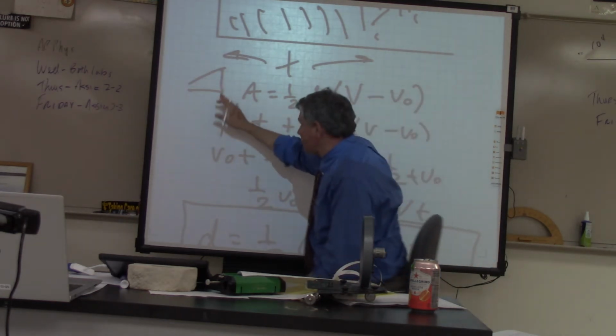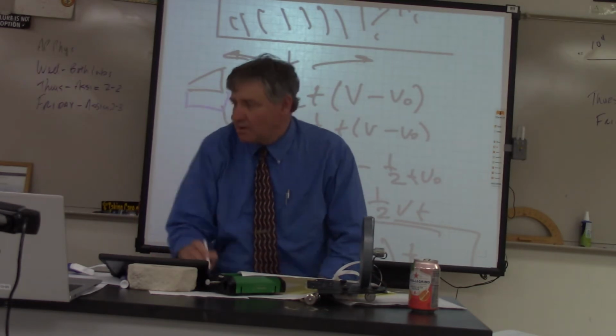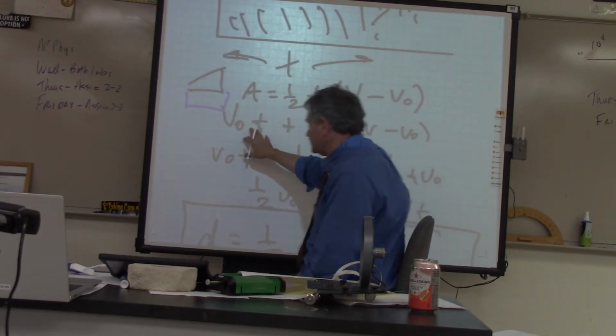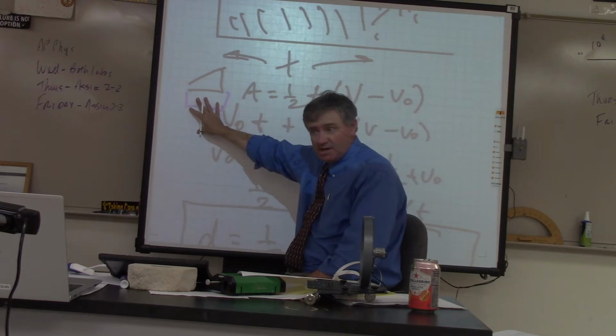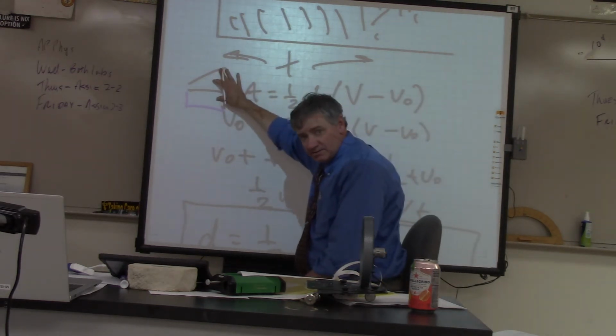And then I'm going to add that to the bottom portion, the rectangle, which is going to be V naught T. So this term here gives me V naught T. This gives me the top half, which is this triangle.